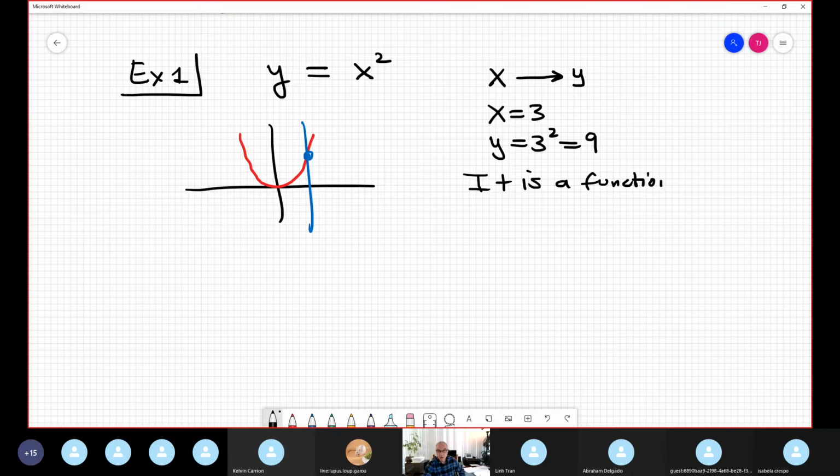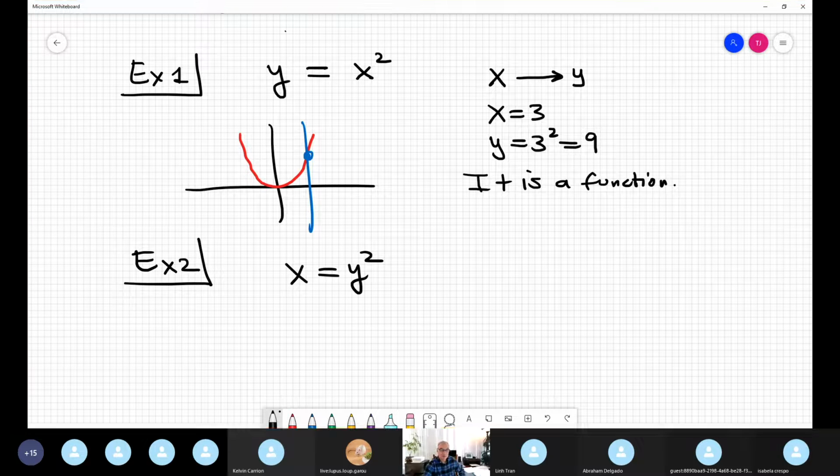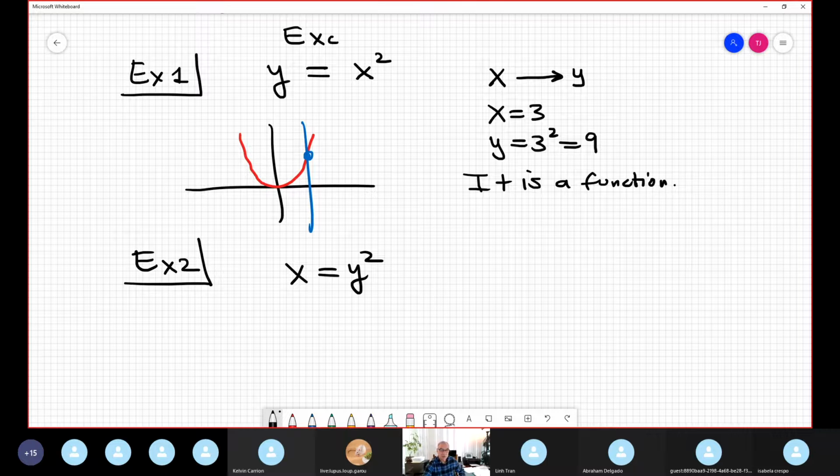However, in example 2, something weird happened. Suppose x equals y squared. This is not explicit. The previous one was explicit because y is isolated. This is not explicit, this is implicit, because y is not isolated.